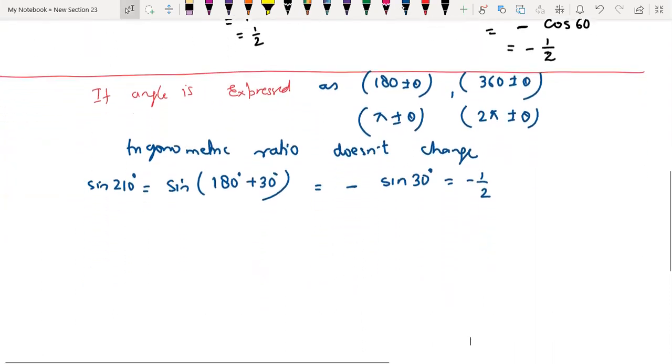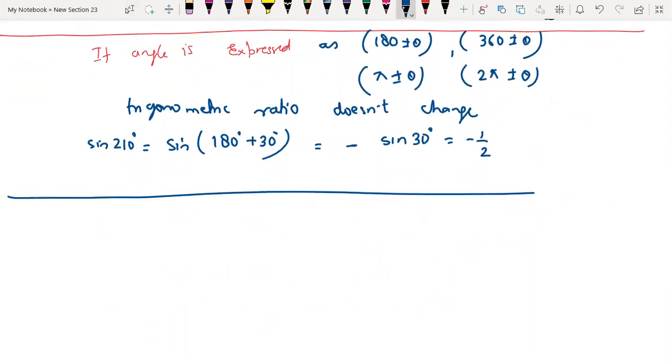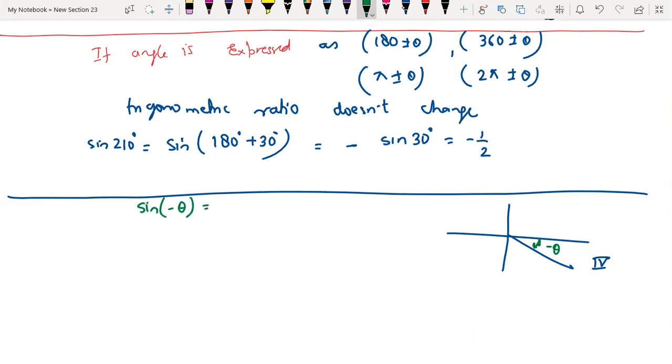Now if we directly take an angle as negative, sine of minus theta, where do we reach? If we have taken the angle in negative terms, we go from zero directly to minus theta, which means we belong to the fourth quadrant. Minus theta means fourth quadrant. In the fourth quadrant, which trigonometric ratio value is positive?